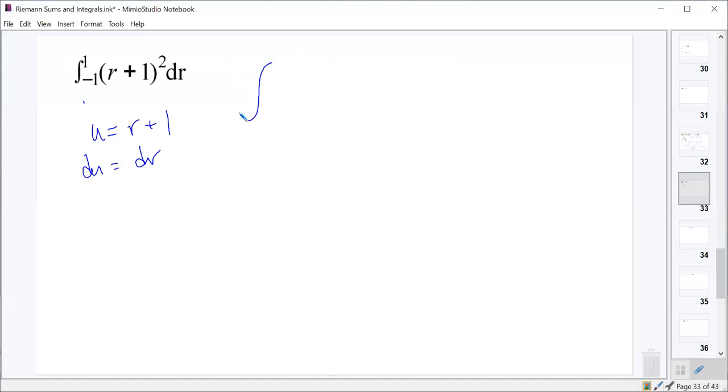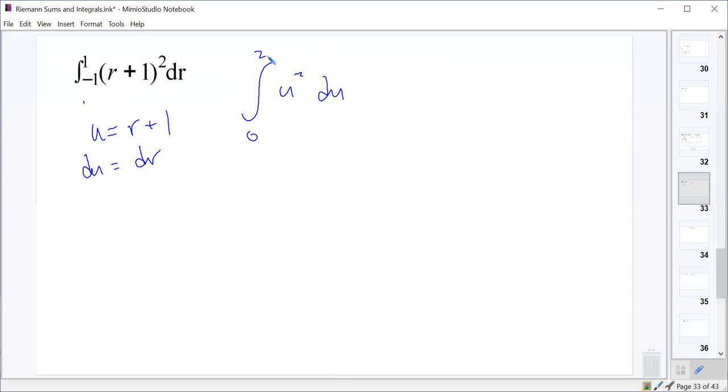Should become an integral of u squared du. But what has to happen with our limits of integration? They need to change, right? So if u is equal to r plus 1, well, this was an r value. -1 plus 1 is 0, so our new lower limit is 0. And 1 plus 1 is 2. Our new upper limit is 2.